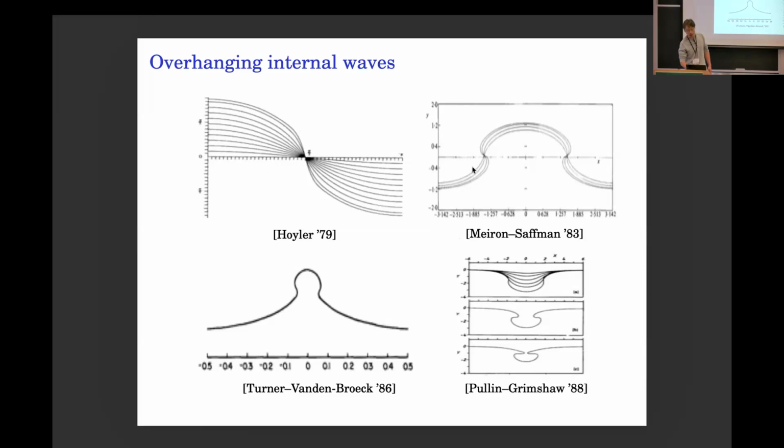And you can see that the calculation shows that the wave will overturn and even overhang, for sure. Let me just point out this upside down picture is due to, for whatever reason, I still don't quite understand, Pullin and Grimshaw deciding to turn the gravity upside down. So that's why the picture is also upside down.